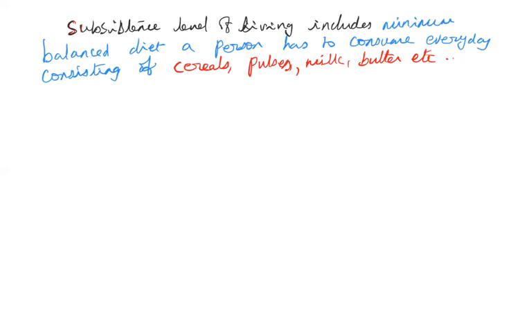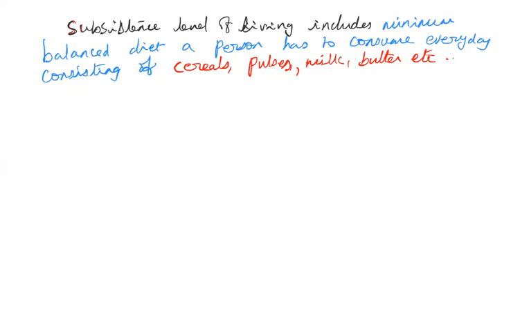So all these, that's a balanced nutritional diet. A person has to consume this much amount of minimum balanced diet, this much cereal, this much pulses, this much quantity of milk, butter, fruits, vegetables, eggs, etc. If the person is consuming all those, then he is living on the minimum subsistence level of living.